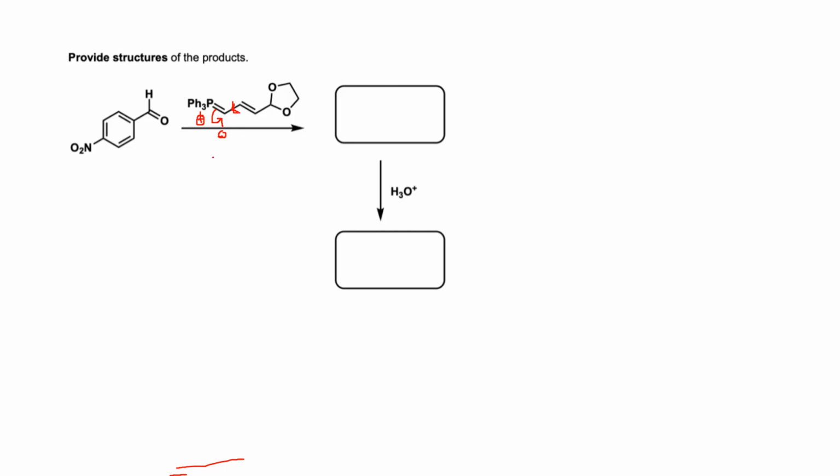So this is an unstable halide. Obviously, as you know, in case of an unstable halide, what do we get? We get a cis double bond. So let's try to draw the product.